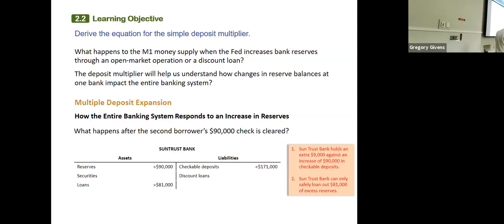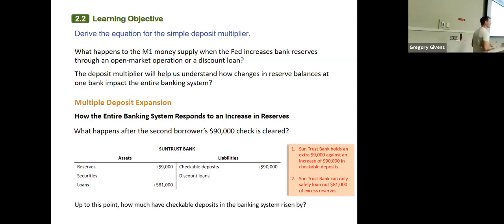Again, if that loan that Suntrust makes, the funds get spent and redeposited back into the banking system, then what's going to happen at Suntrust? The checkable deposits will decline by $81,000, and reserve balances will go back down to just the required reserves, just like they did in the previous example.